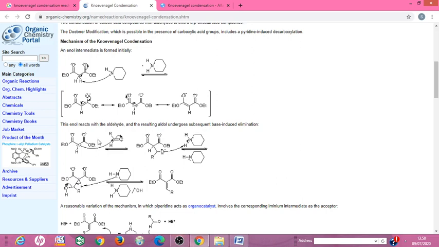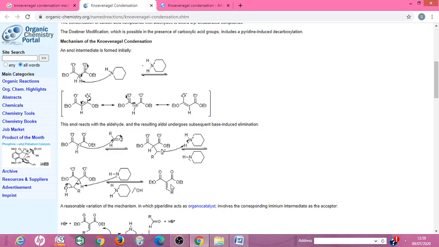The carbanion tautomerizes into two ions, the enolate ions, giving two resonating structures, and finally this carbanion undergoes removal of OH minus and H plus, that is, removal of a water molecule. Hence this reaction is known as a condensation reaction.